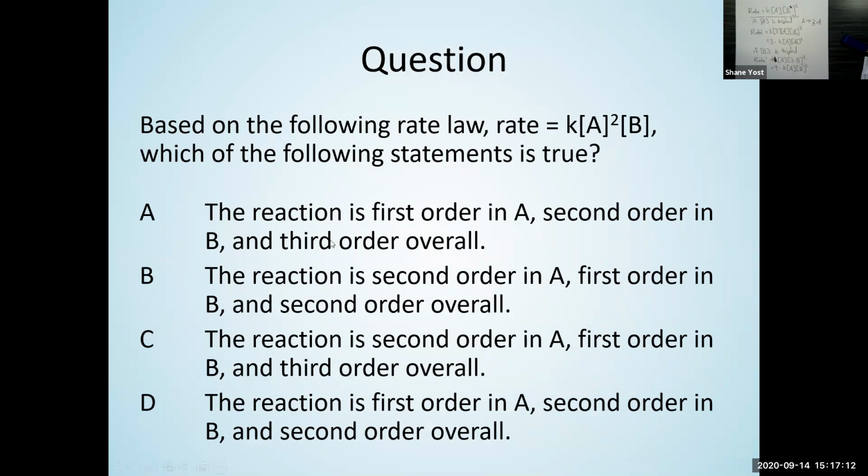Based on the following rate law, which of the following statements is true?